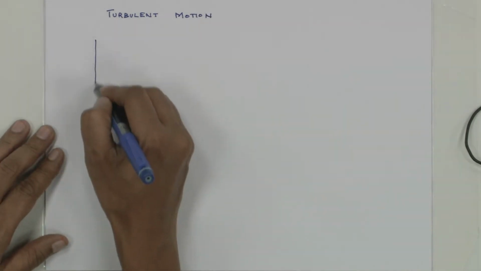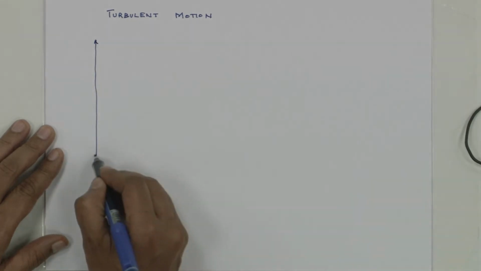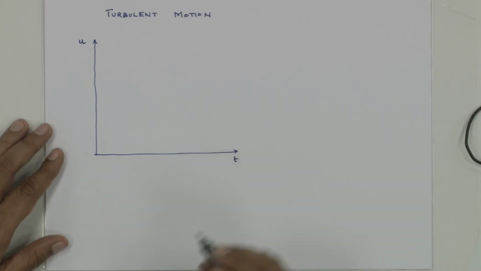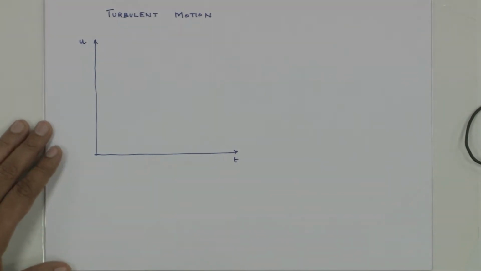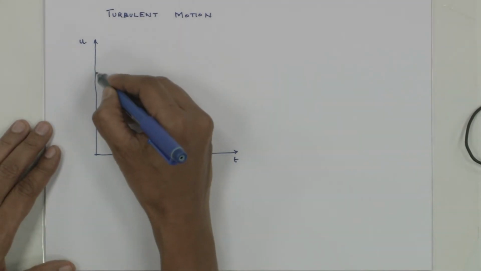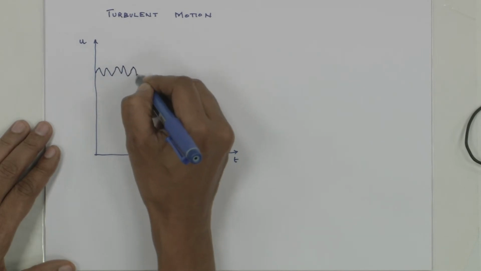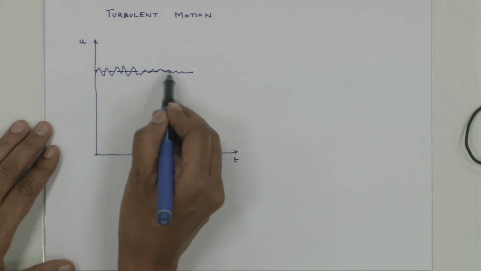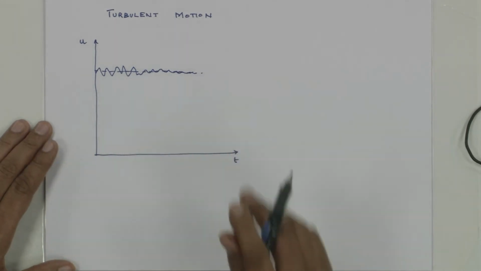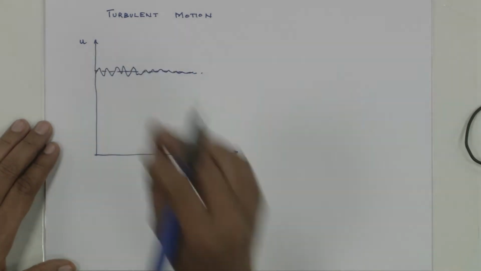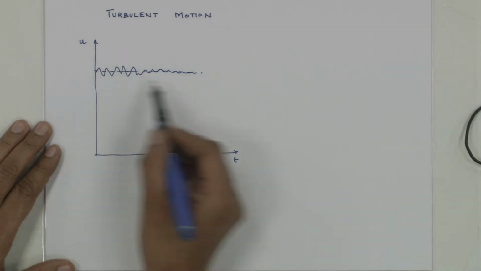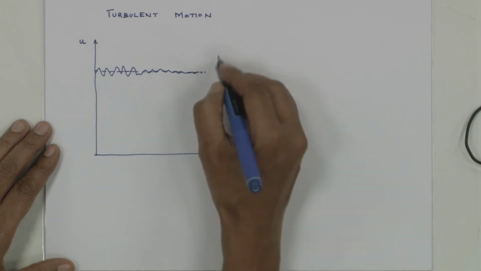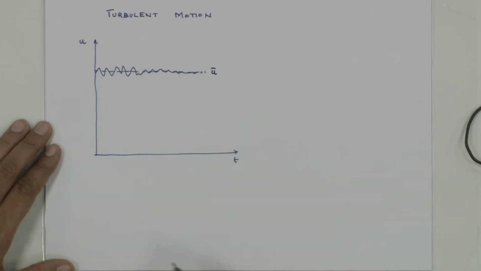So let us say this is my velocity versus time. Now let us say this is my typical plot. If I have an imaginary probe which gives me the velocity as a function of time, this is what it is. Now this dashed line is the average component, u bar.